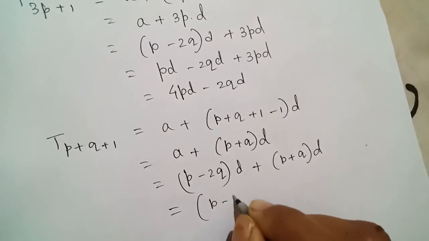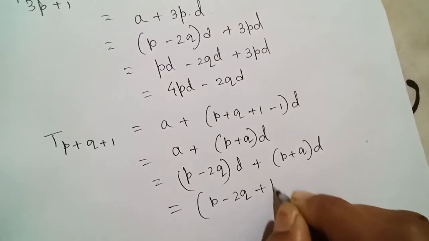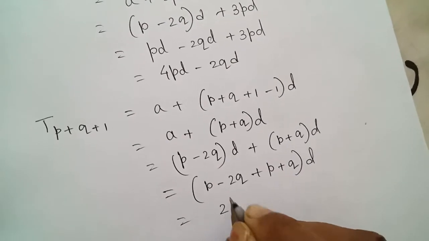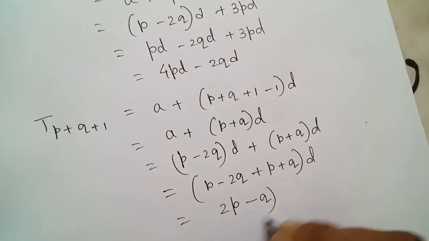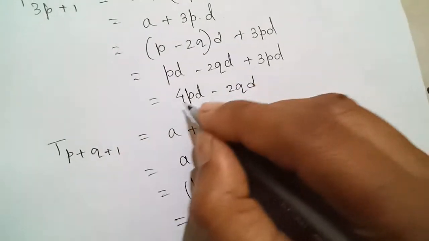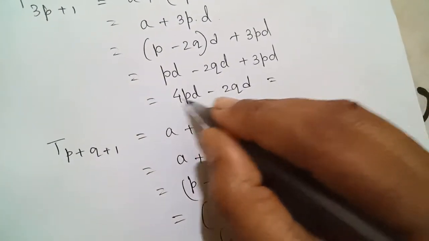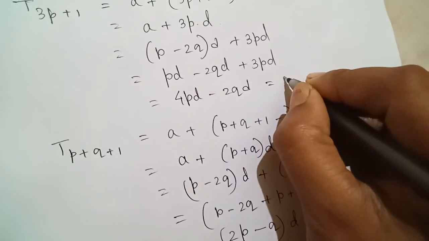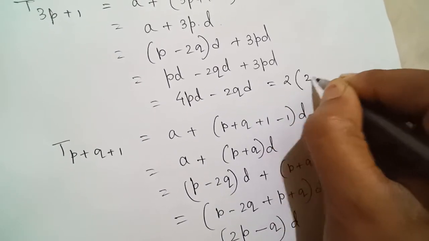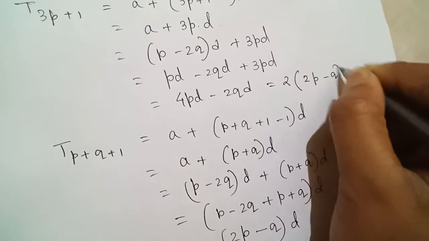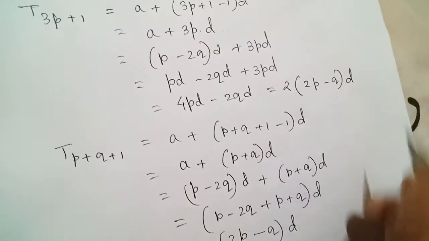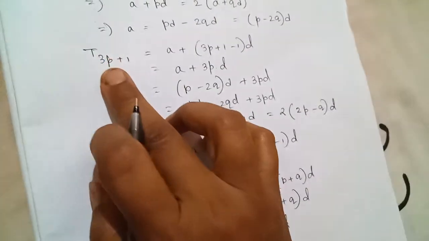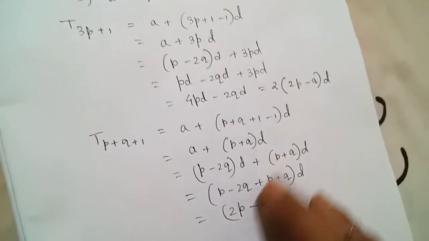That means it will be P minus 2Q plus P plus Q into D. So it's actually 2P minus Q into D. Here we can take 2D as common, so we write 2 into 2P minus Q into D. So you can see that this term is twice this term.